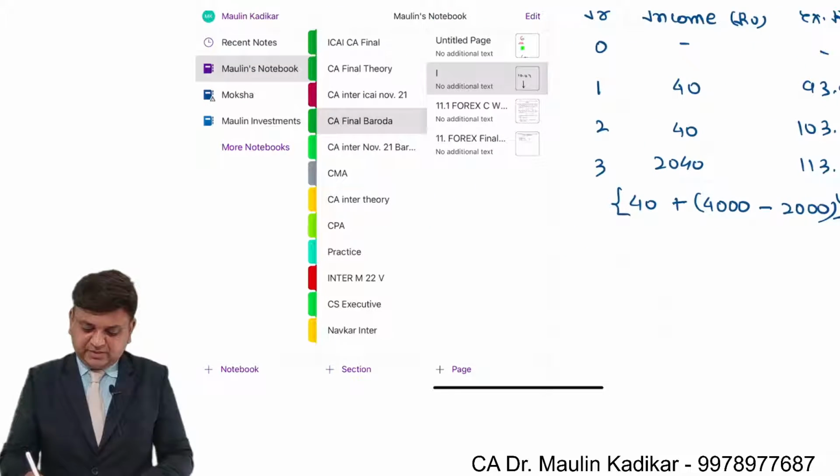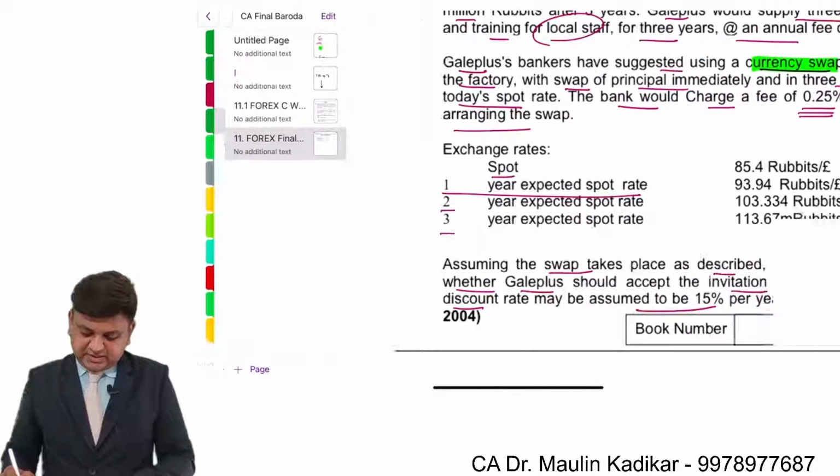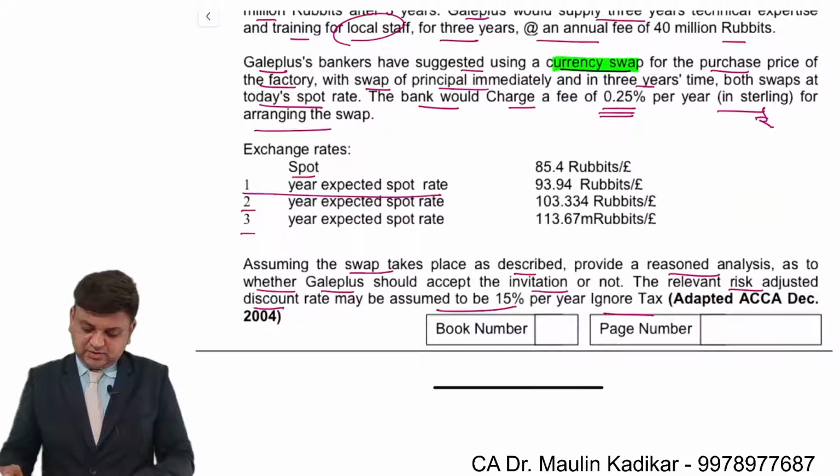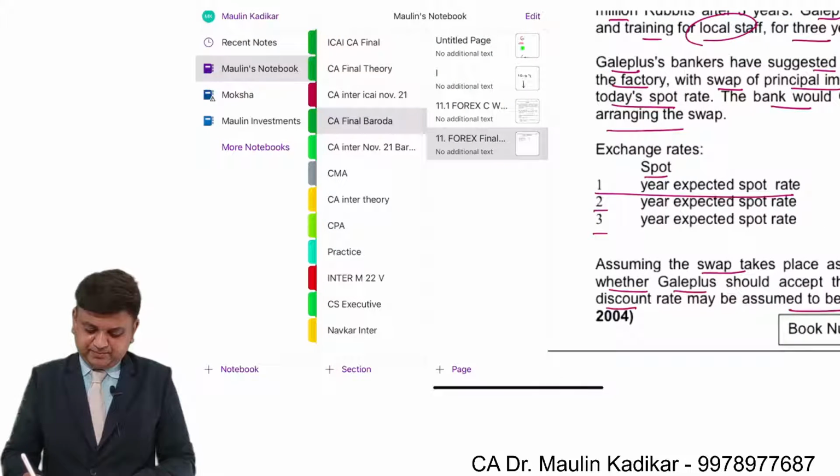Then further information is given to us that there are swap charges. It is 0.25% per year in pound currency to be paid.